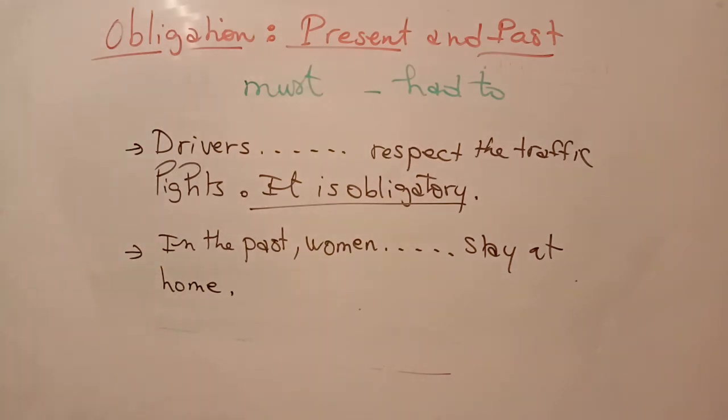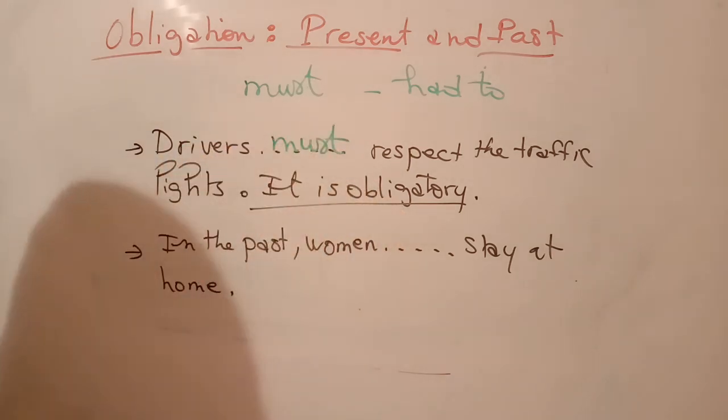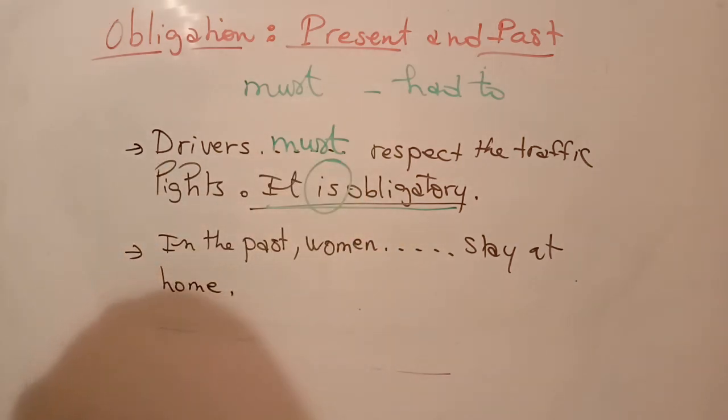So let's study the first example. Are we going to use must or had to? Think a while. Good. So it's must. It's must. Obligation in the present because the situation here is present. Let's have a look at the second example.